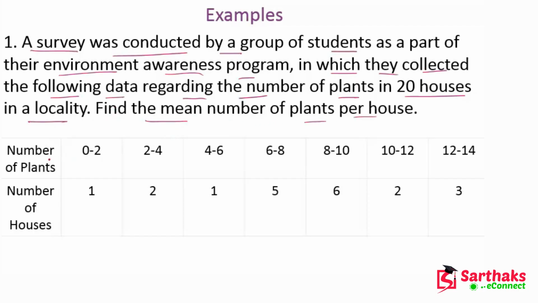So we have number of plants and number of houses. One house has number of plants between 0 to 2, two houses have number of plants between 2 to 4, and one house has number of plants between 4 to 6. So like this is a table.